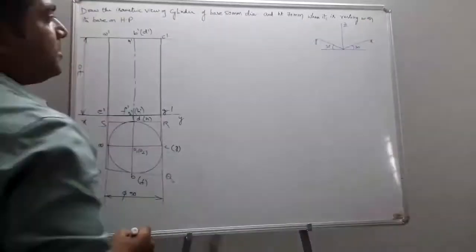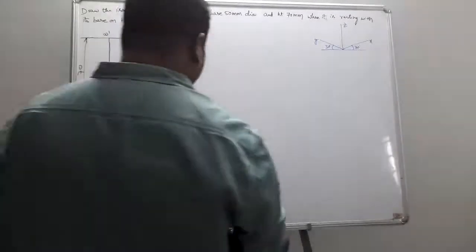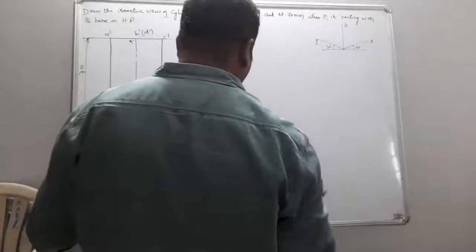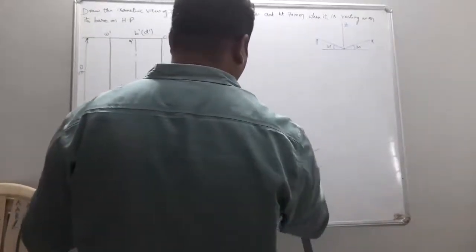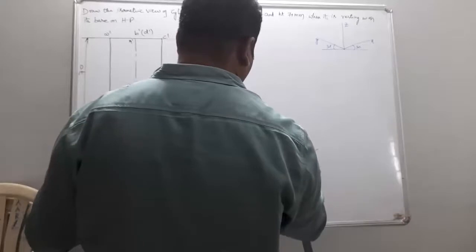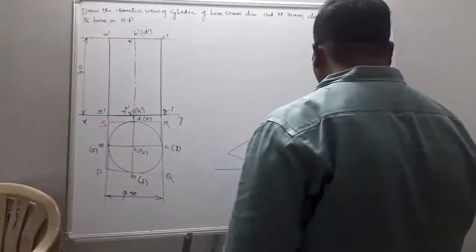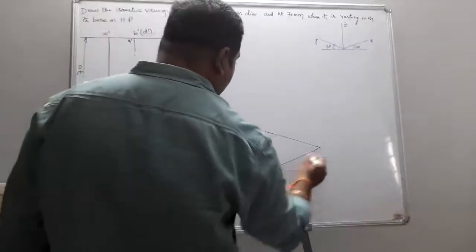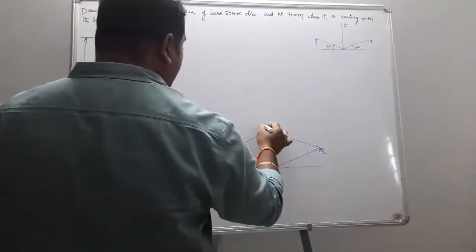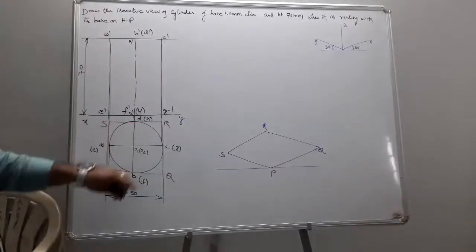XY is going to be considered. So let us consider this was P, Q, R, S. Now tell me the points which are going to be on PQRS.